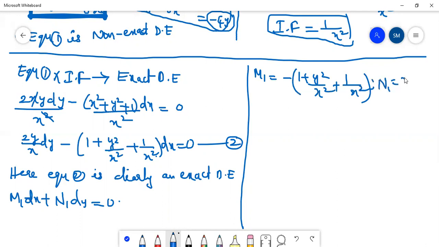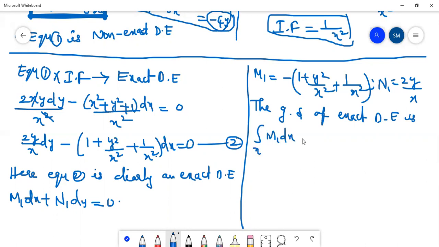N1 is 2y by x. The general solution of an exact differential equation is integral over x of M1 dx plus integral of only the y terms of N1 dy equal to c.